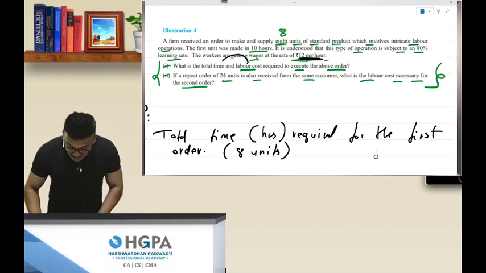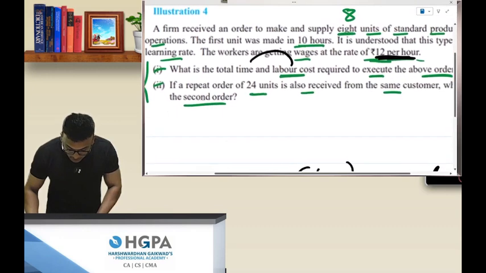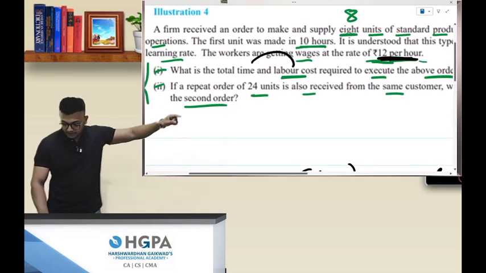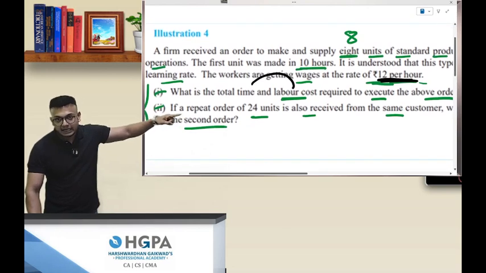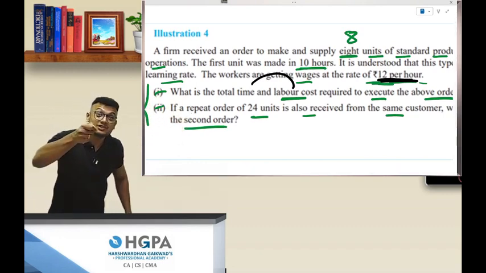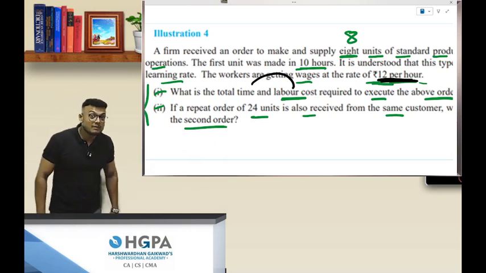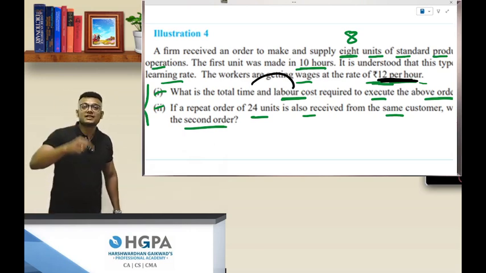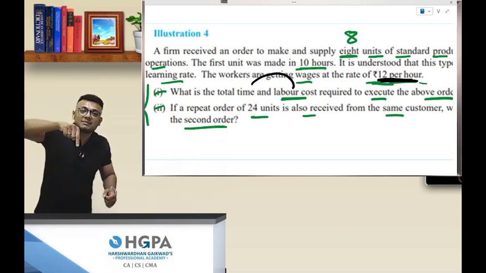Boss, understand the question carefully. If a repeat order of 24 units is also received from the same customer, what do you mean by this?